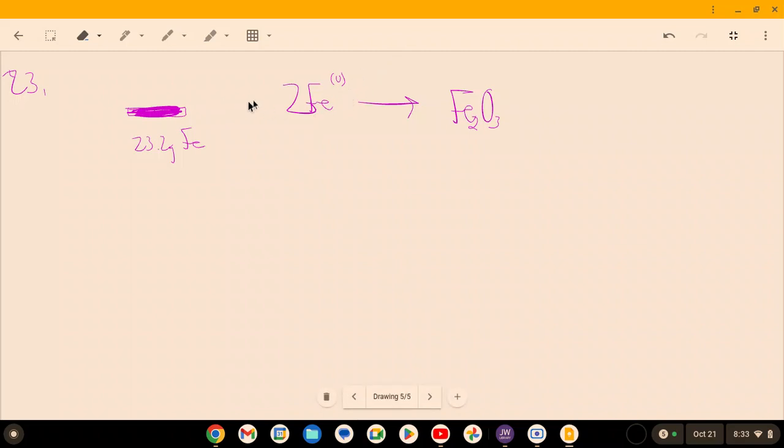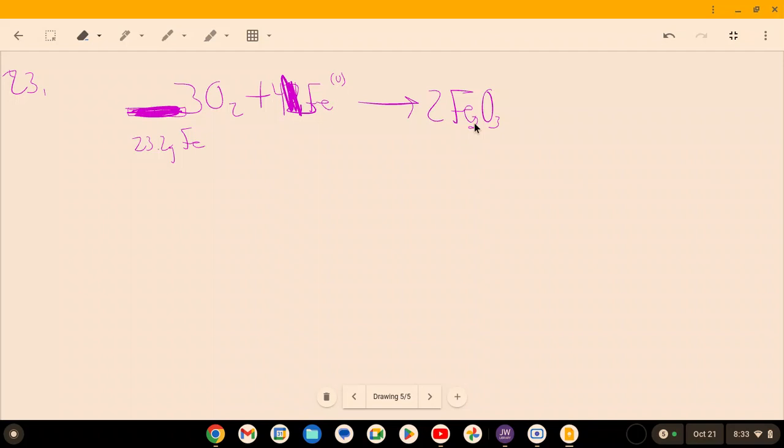Which means you're adding oxygen, so plus O2, 2, 4, 3. 6 oxygens, 4 irons, 4 irons, 6 oxygens. So that's basically what that equation looks like. We're going to add 3 oxygens to it. So, A, you would expect the mass to increase.